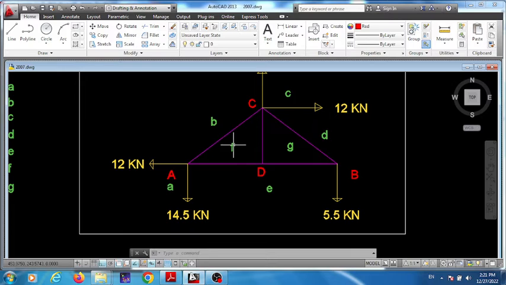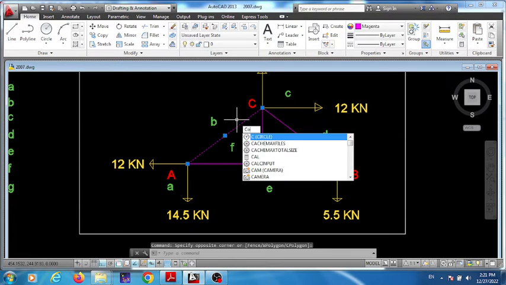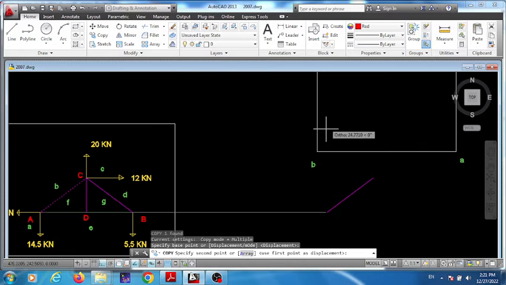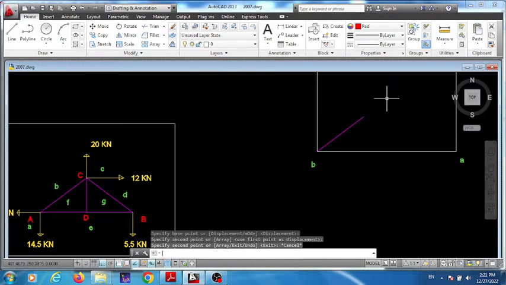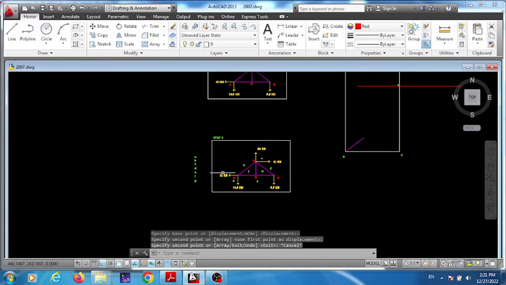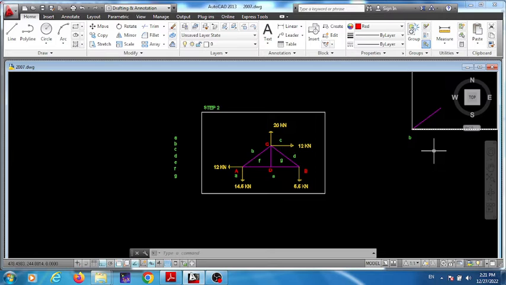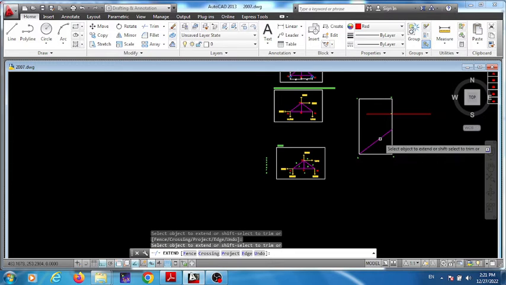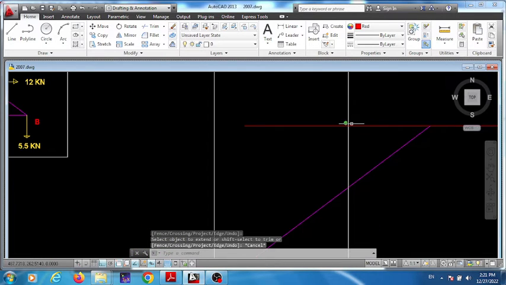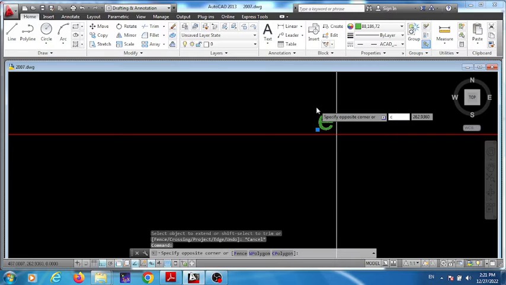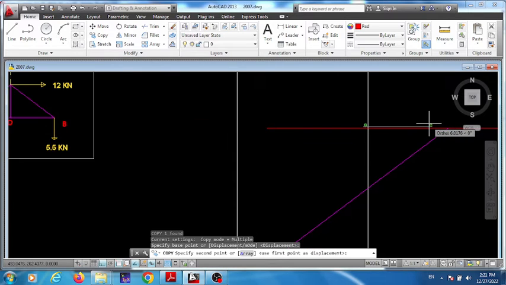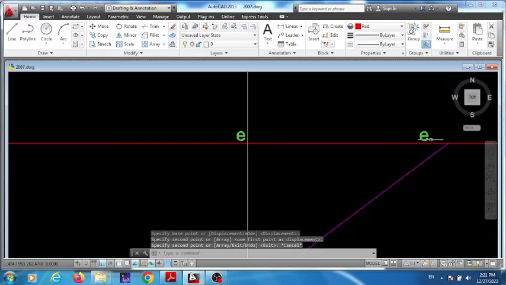As the line is between B and F, we have to copy this line, and first point must be on B, so we have put B here. Now you have to draw a line parallel here, so I will just copy it and extend it. So this will be our point F.